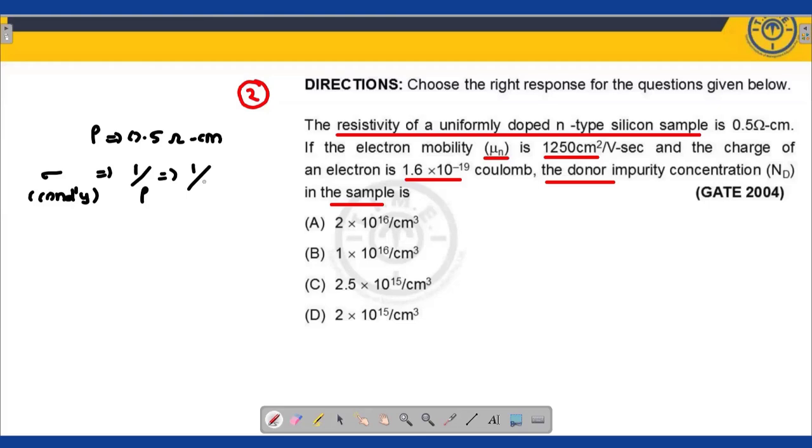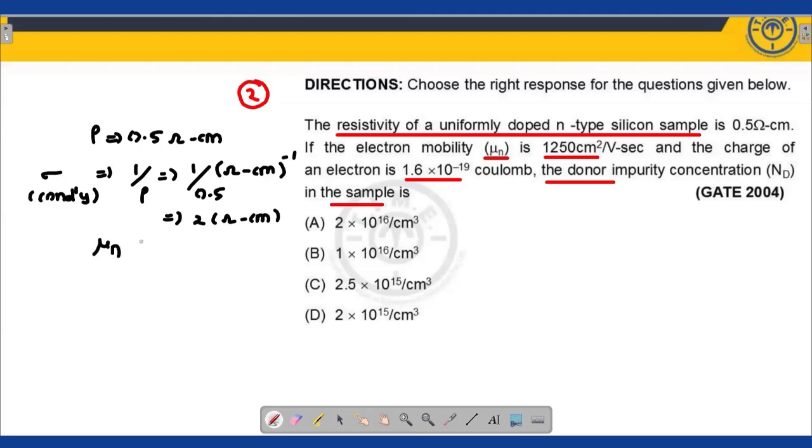If I take rho as 0.5 ohm centimeter, first of all let me find the conductivity. Then you get this value equal to 2 ohm centimeter inverse. And he has given all things in centimeters only.